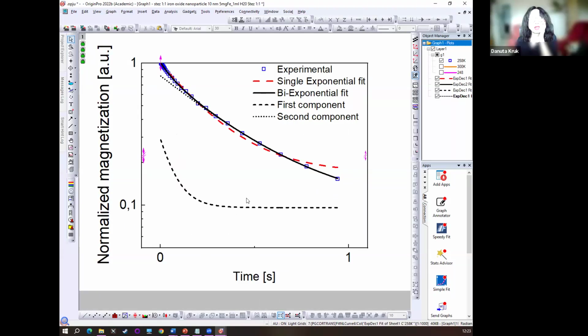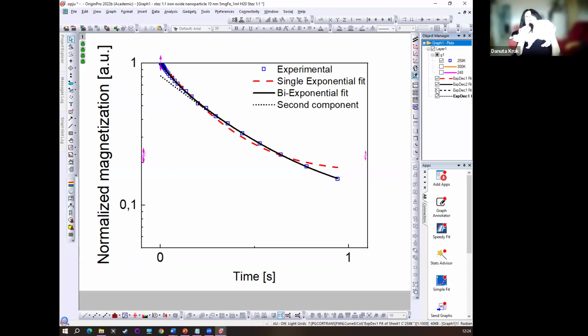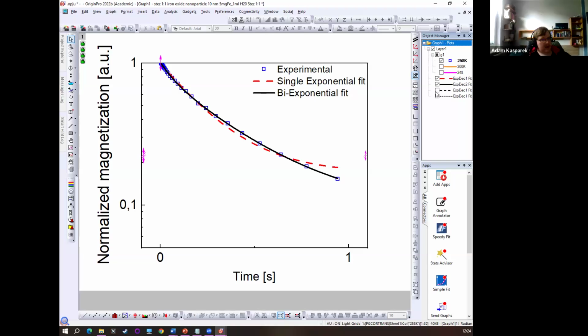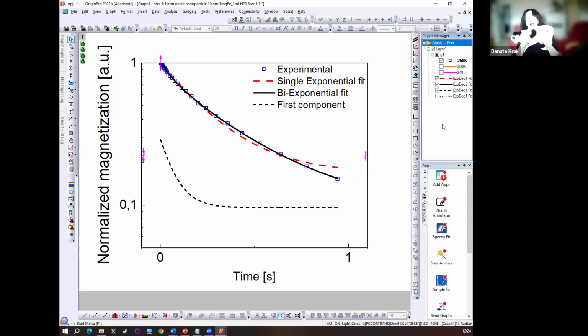So one can see that just in the low field range, short time range, sorry, there are obvious deviations from linear dependence. As we can see, for a single exponential function you should get a straight line, but here now you do not have it, and it clearly shows that this is non-exponential.